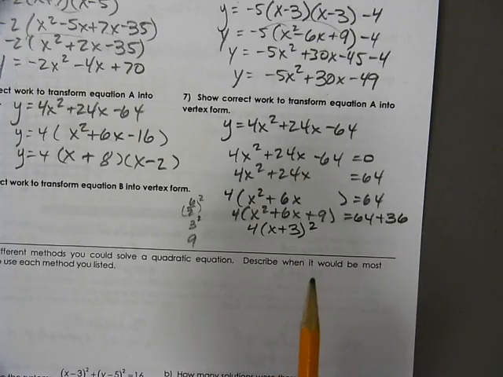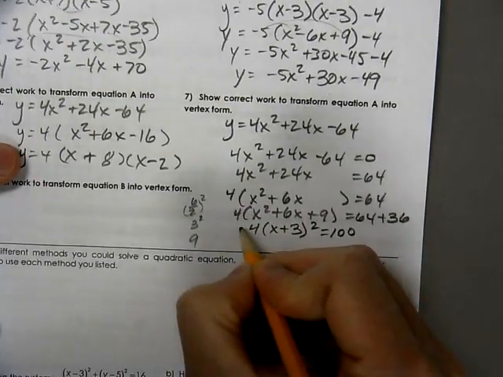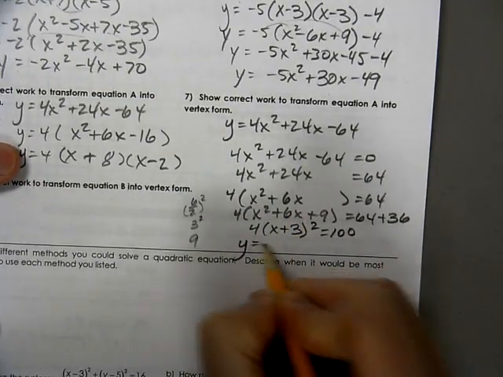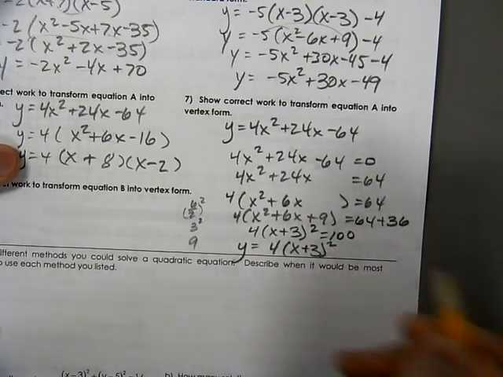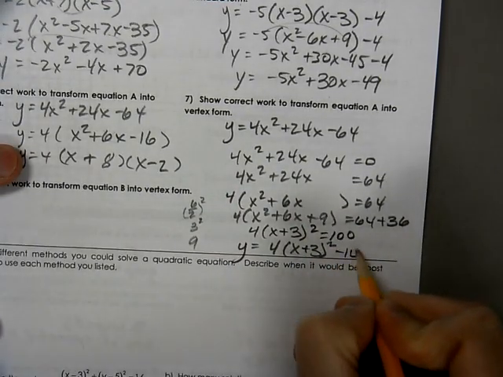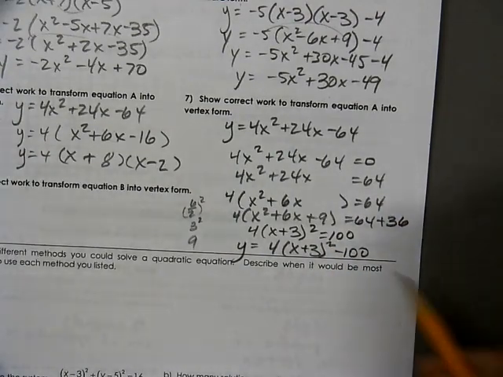So when we complete the square, we're making a perfect square trinomial. That was the whole point. So our equation is going to be y equals 4 times (x plus 3) squared. You have to include the square. Have to include that square. Subtract the 100 across to get -100.